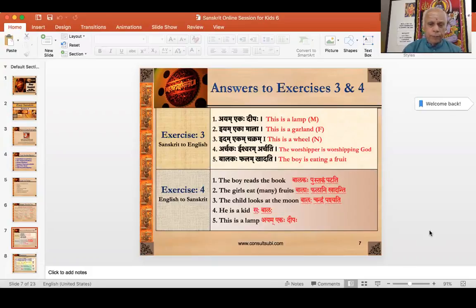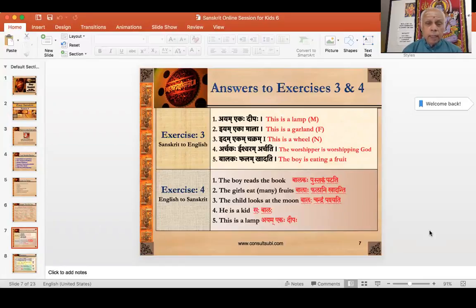That's the correct one. The child looks at the moon. Balaha Chandram Pashyati. Adrishyati. It is okay. Iha Shishu. Shishu means baby, but here, Balaha means a kid. So you have to say Saha. Saha Balaha.